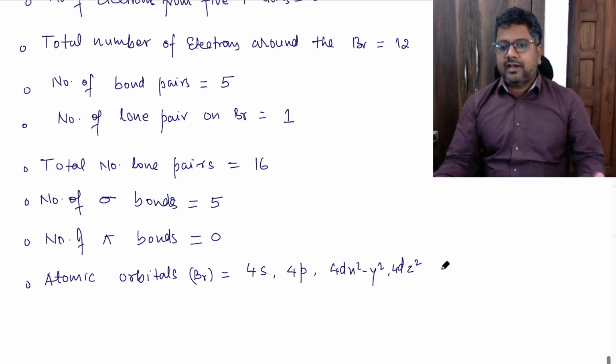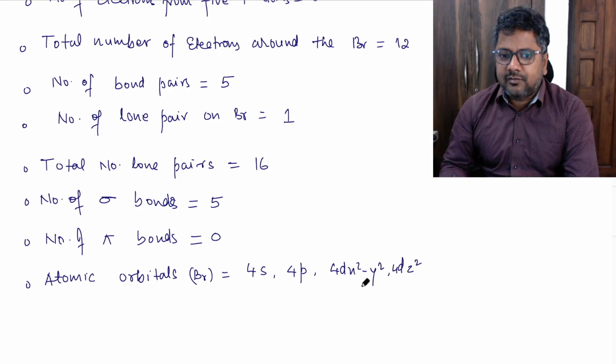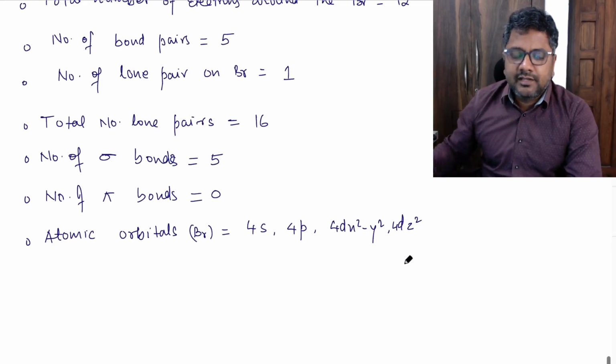All 5 of the 4d orbitals are degenerate, so any two, as per the symmetry and the requirement, are involved here, right?